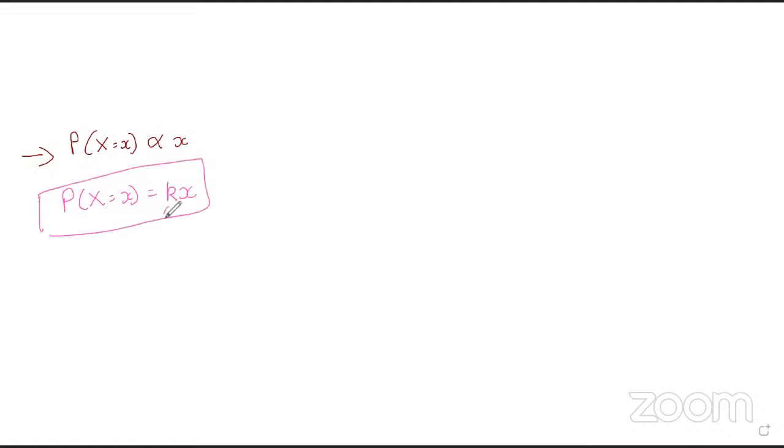Yes, you introduced the proportionality constant. So now my X takes the possible values 1, 2, 3 and 4, so probability X equal to x is k into 1, k into 2, k into 3, k into 4, right?